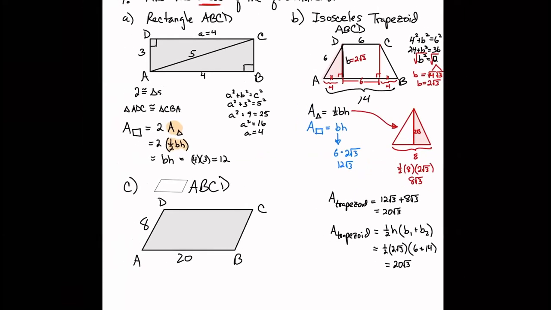But the last one is the parallelogram, and that is probably, I think, let's say one of the simpler cases, because if you visualize what a parallelogram is, I'm going to drop an altitude here. I'm going to create a rectangle in the middle.